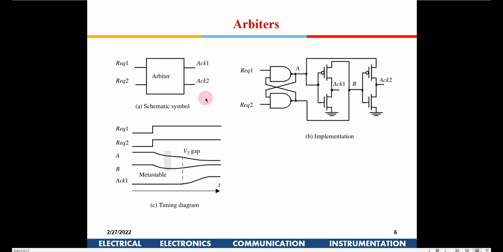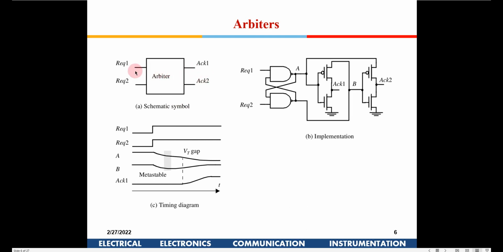Then we also have something known as arbiters. Generally when there are a lot of inputs and IO ports connected to a microprocessor, you have something known as interrupt controllers, where it will accept the request and, based on the priority, decide where to give the acknowledgement.